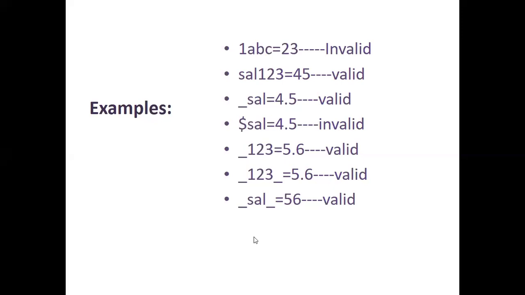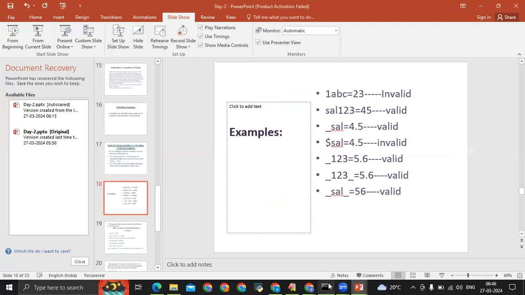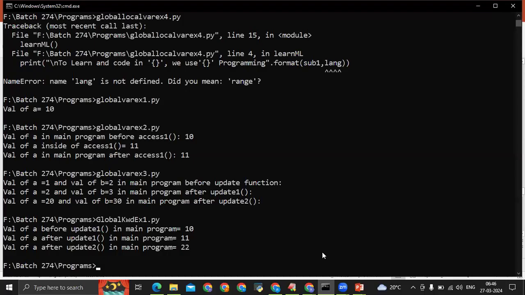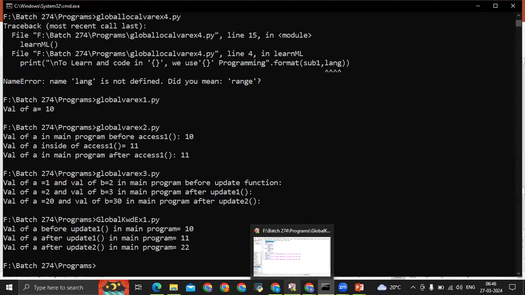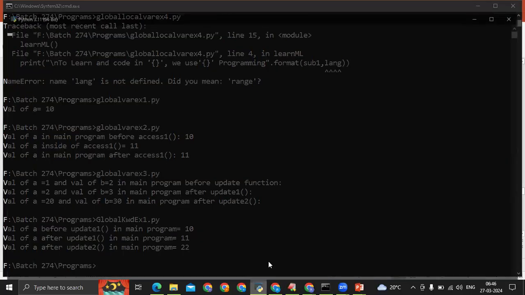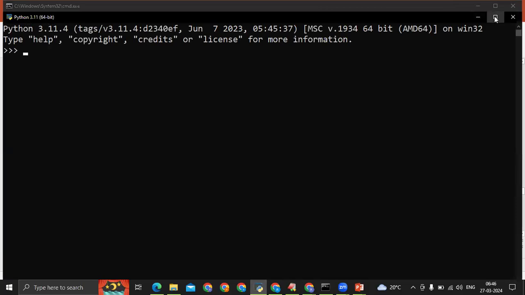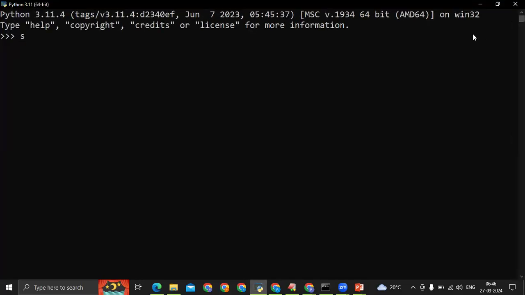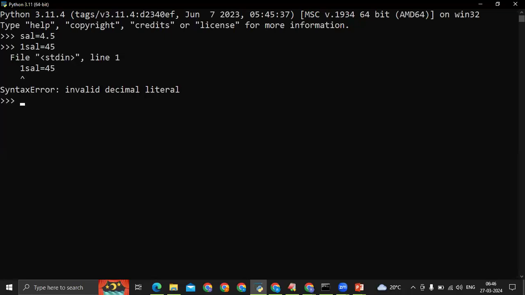Let's go ahead with the example. Let me write salary is equal to 4.5. It is acceptable. If I write 1sal is equal to 45, it is not acceptable.